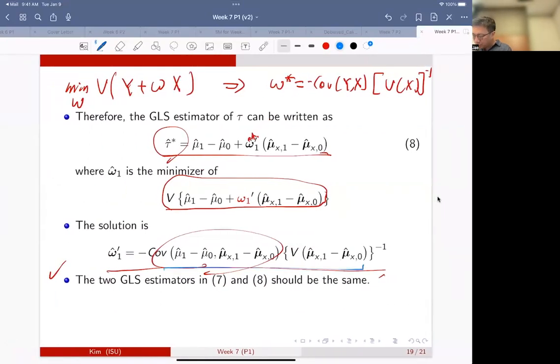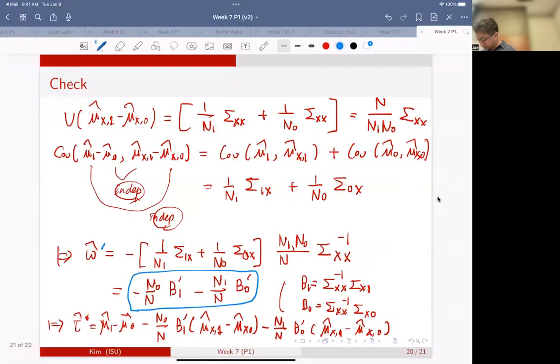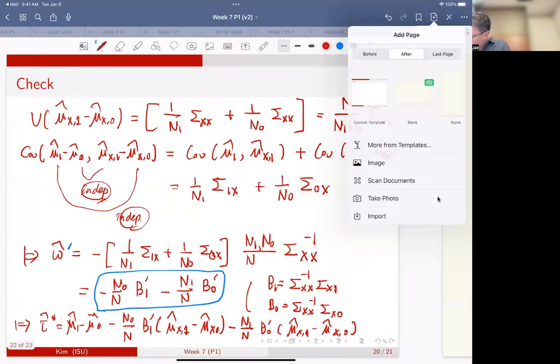So plug in this result to here to get this one, and then you can see that now one more step, one last step is to check.